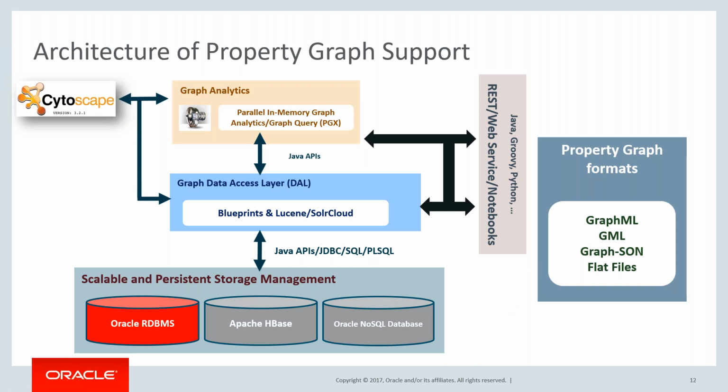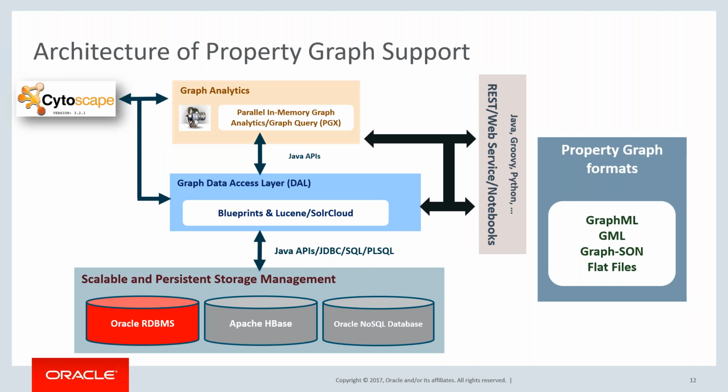And then there's a graph data access layer that really abstracts storing and all of the functions between moving data back and forth from the storage layer, and being able to access that through a number of different languages. I'll talk a little bit today.